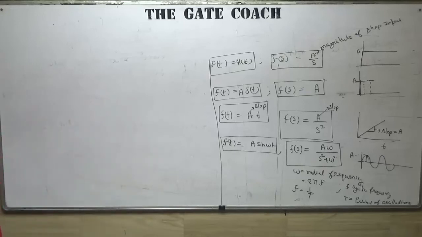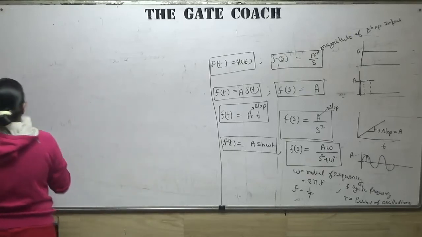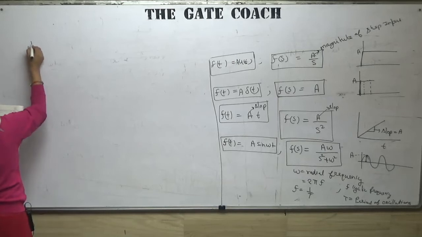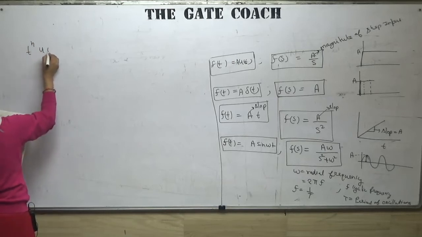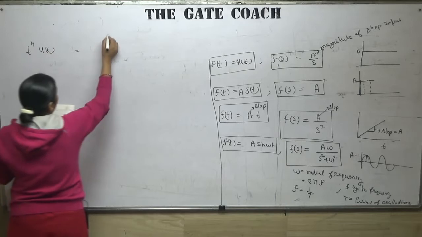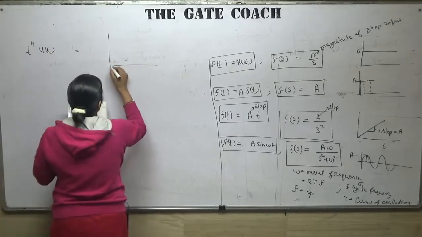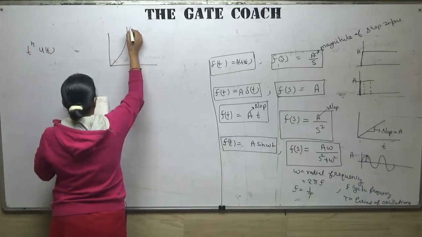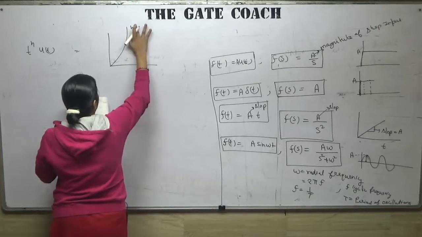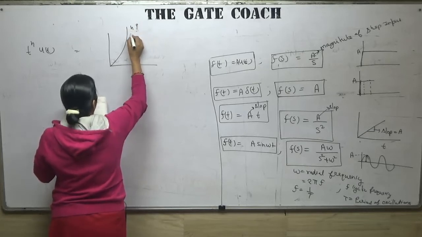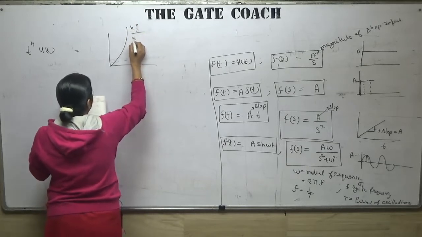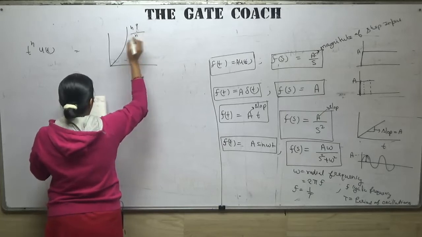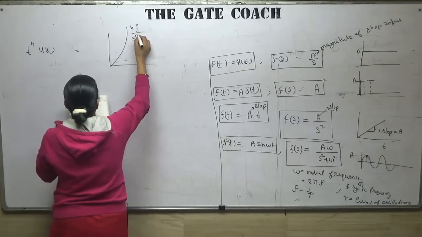So I am drawing a few graphs. For any function t to the power n u of t, the graph will go like this, and we know the Laplace transform of this is factorial n upon s to the power n plus 1.